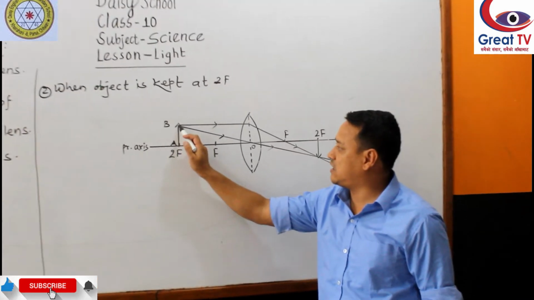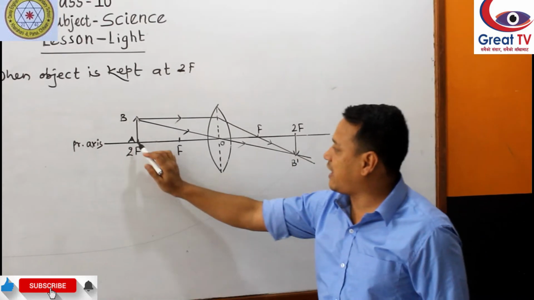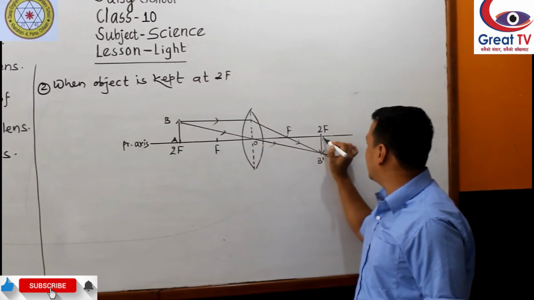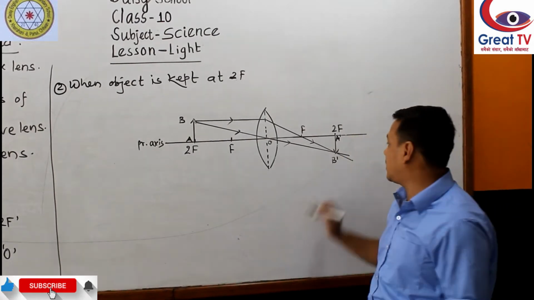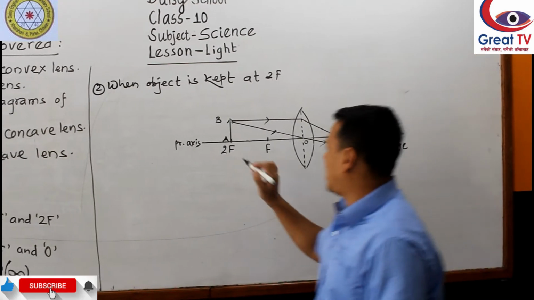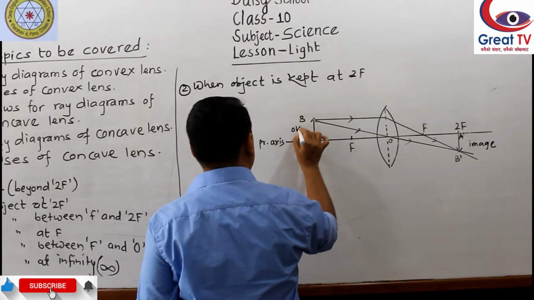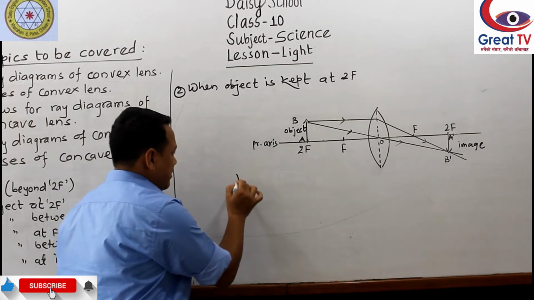Here the arrow is B, so we write B dash. Here A, so we write A dash. So A dash B dash is the image, and this one is the object. Can you write the nature of the image?